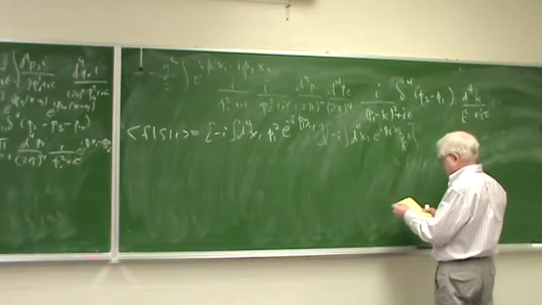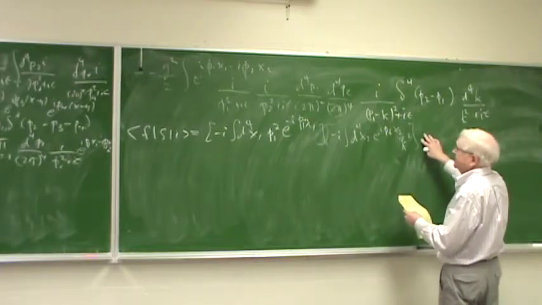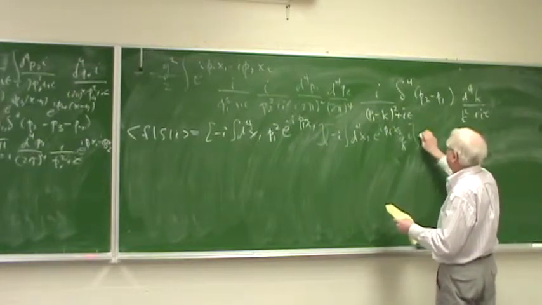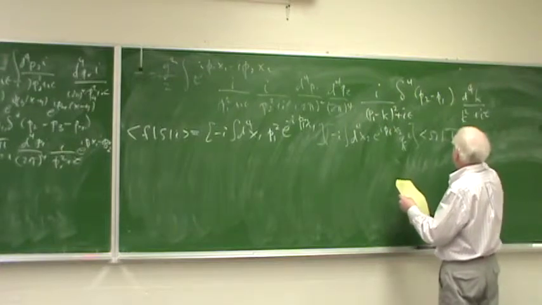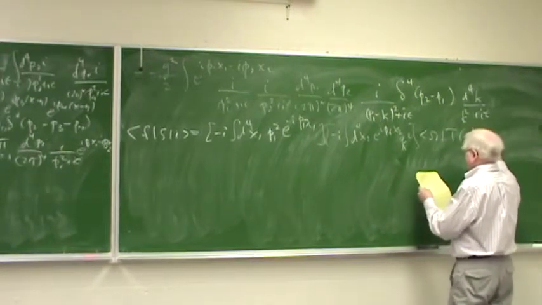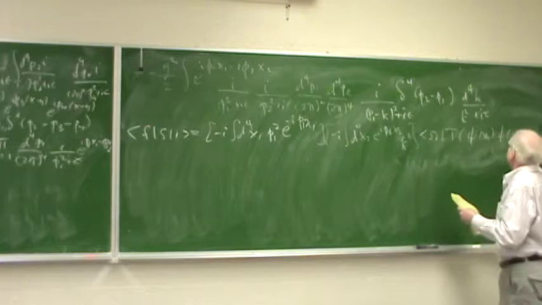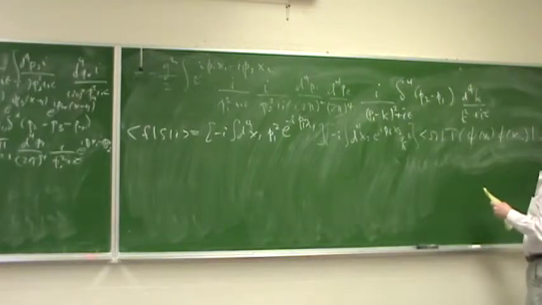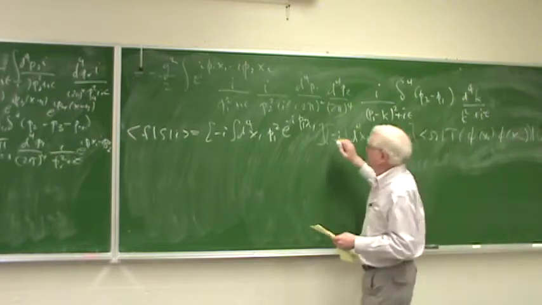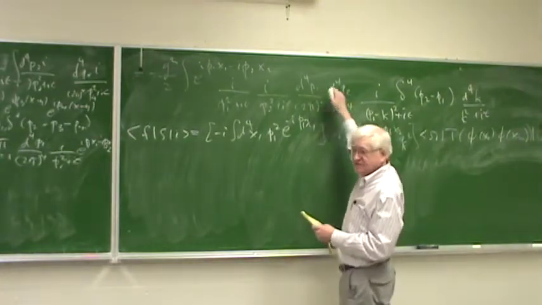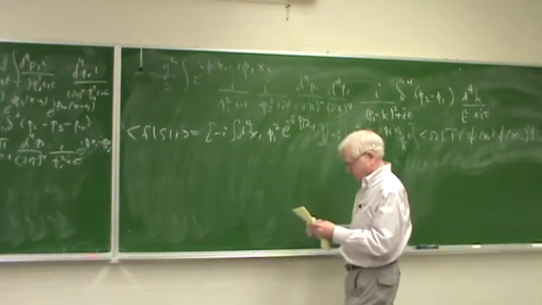And that is acting on omega, T of phi of x1, phi of x2, omega. But on the other hand, we're going to look at this term of that. There's more, but we're just going to look at this one term.